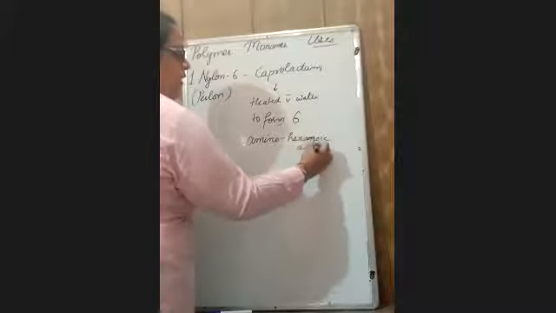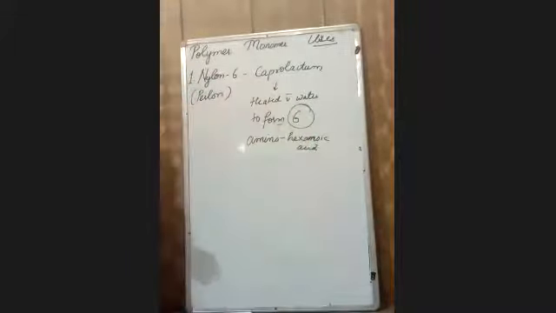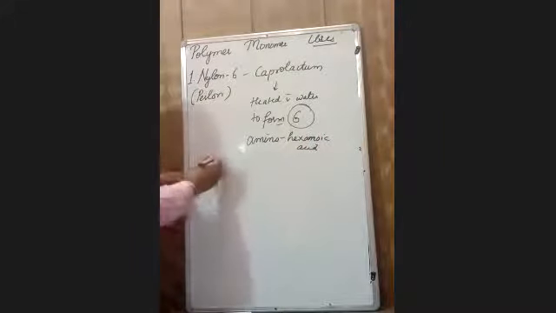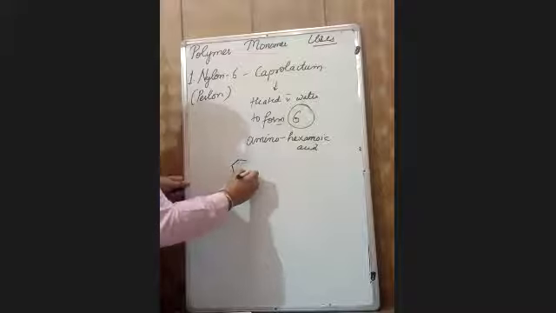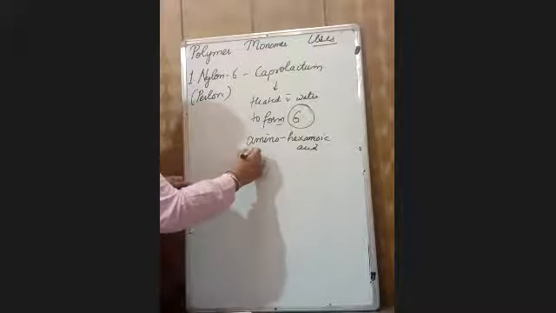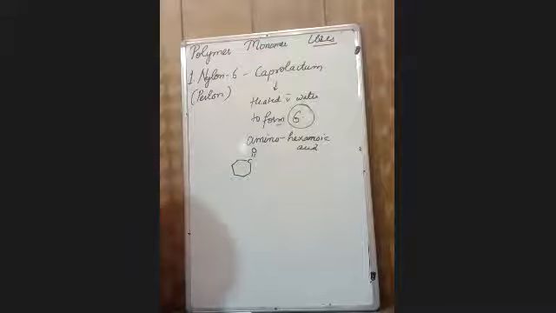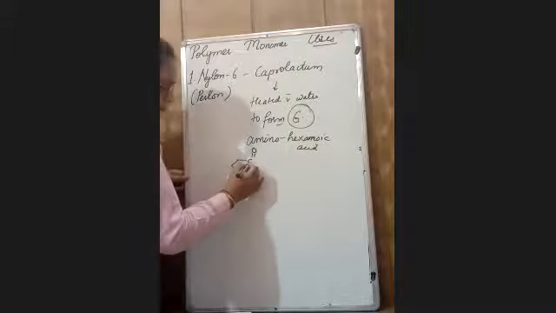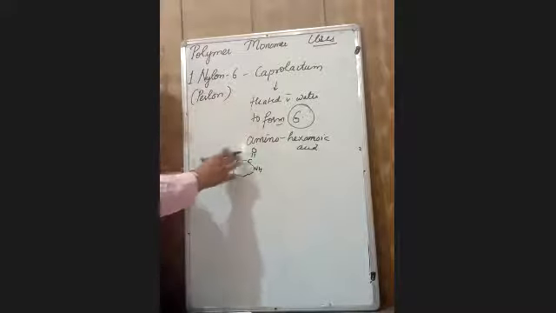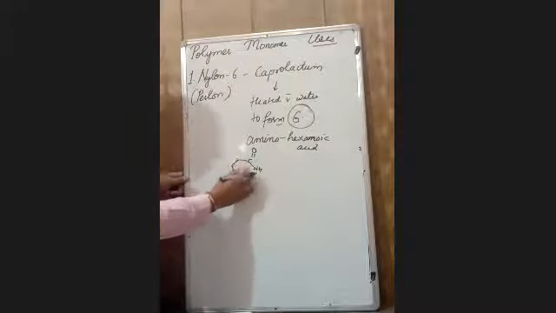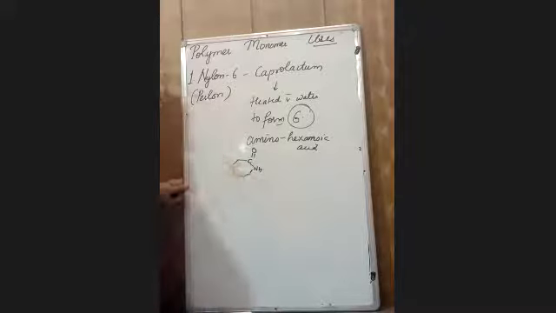Now it also has 6 carbon atoms. So it will be like this: one, two, three, four, 5 and 6.